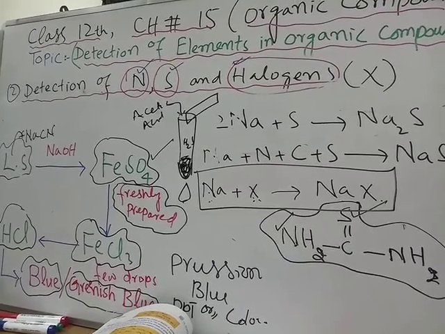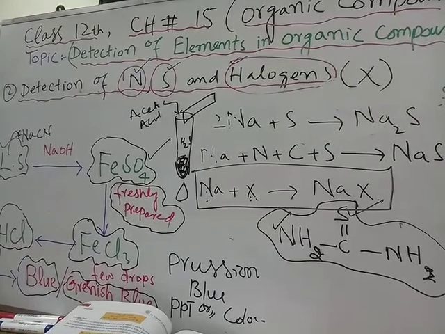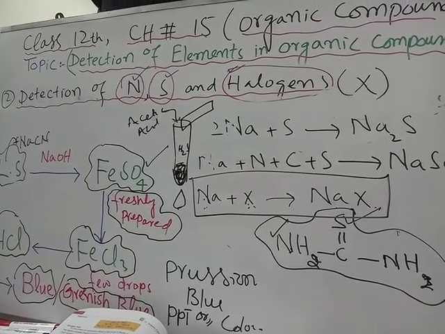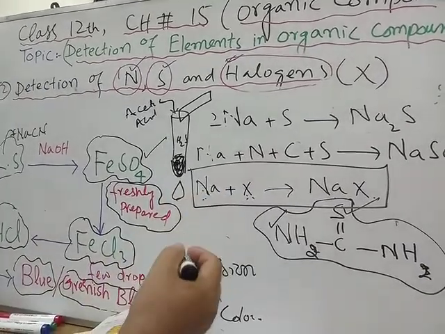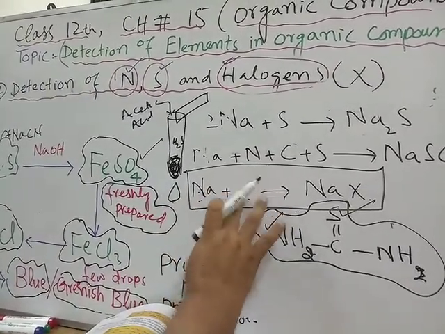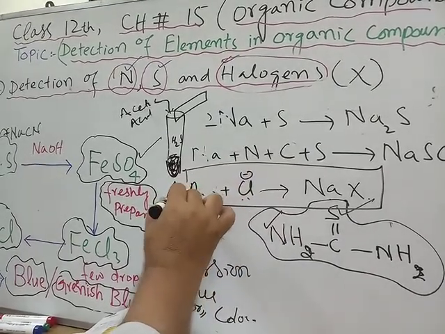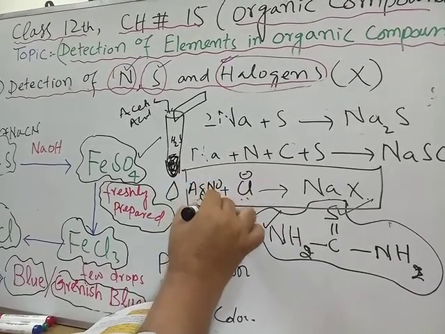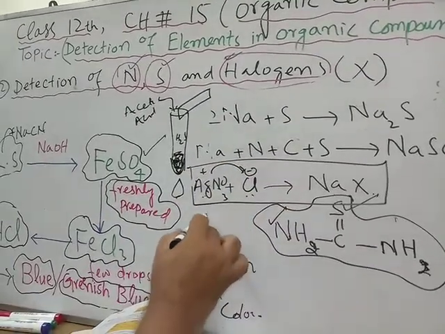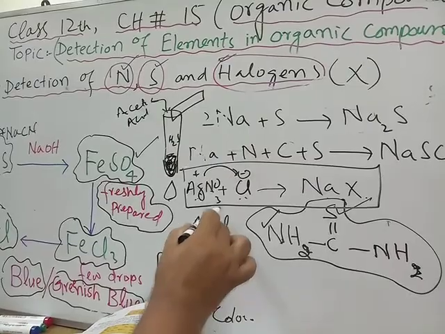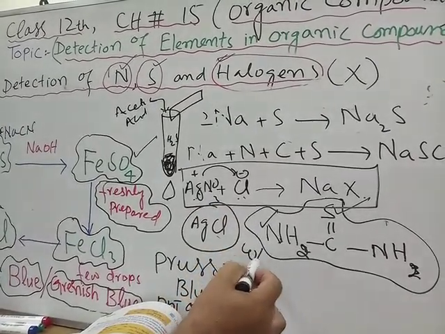Then after the addition of the nitric acid, add silver nitrate solution, AgNO3. When you add AgNO3, for example, if chloride ion is there, the silver ion will combine with the chloride ion to form AgCl, silver chloride, and it has white color.